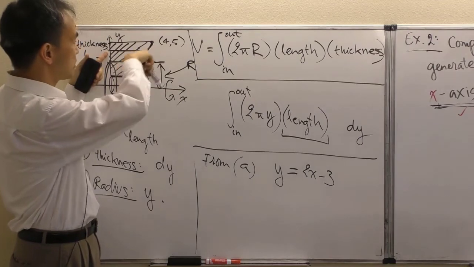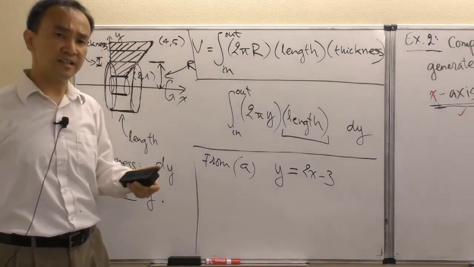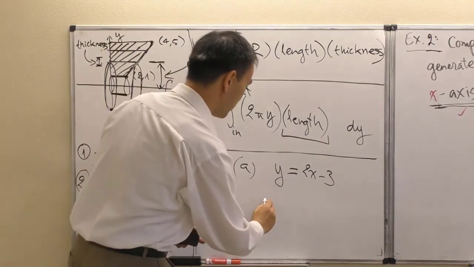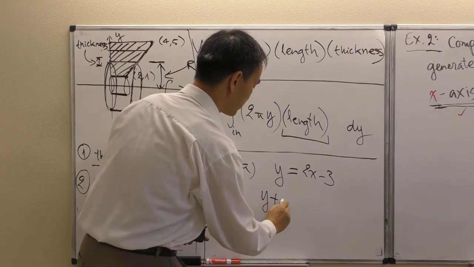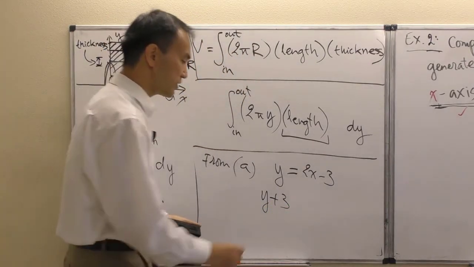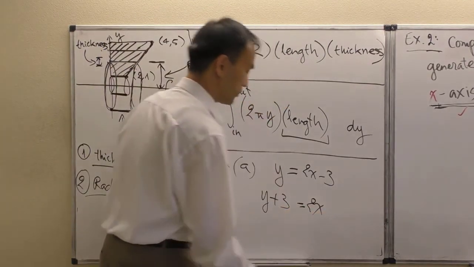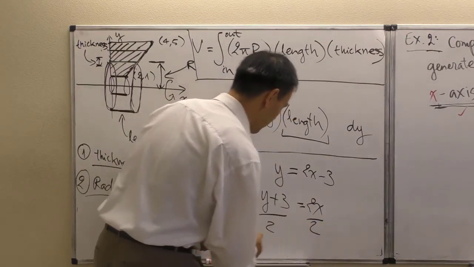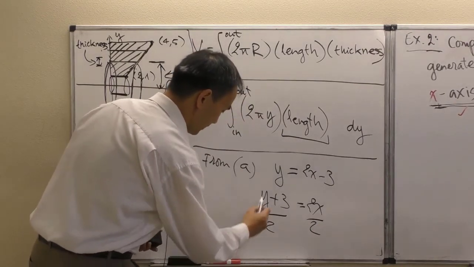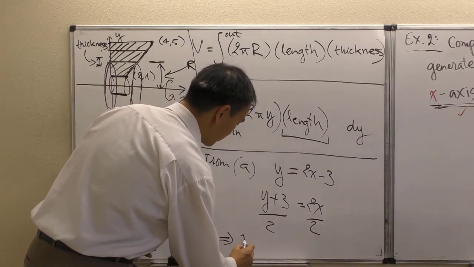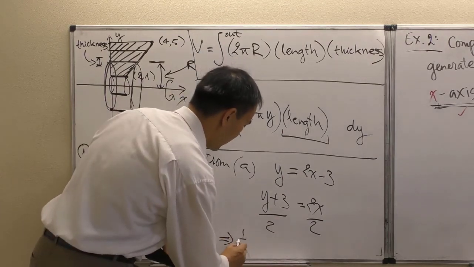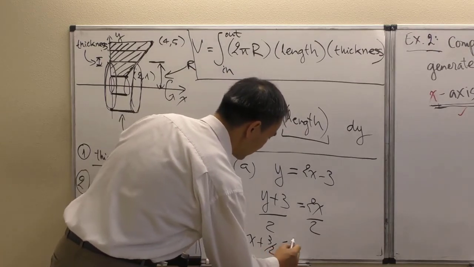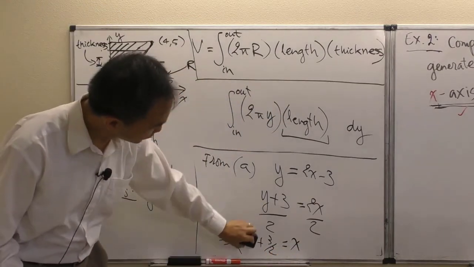So it's better to express this line as a function of y. It should be simple work. I'm going to add 3 to both sides, and that gives me 2x. Then I'm going to divide both sides by 2. That gives me, by the rules of algebra, 1/2 y plus 3/2 equals x.